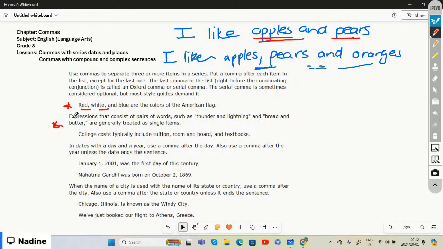For example, if we look at this one, it says college costs typically include tuition, room and board, and textbooks.